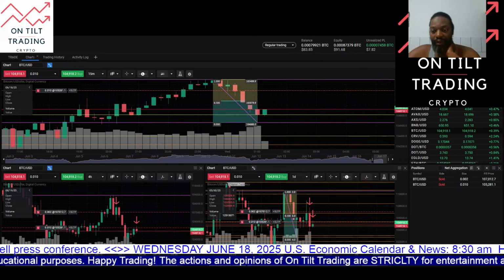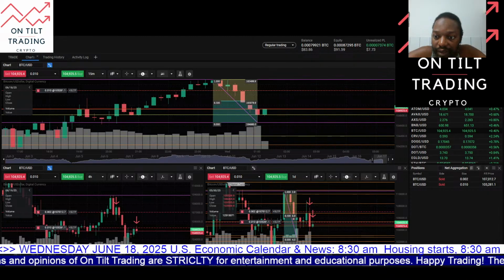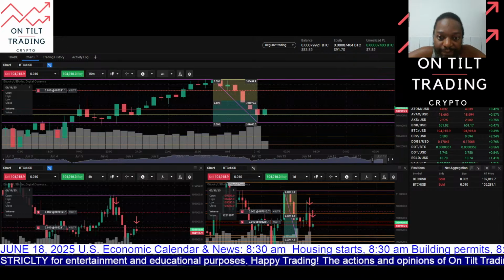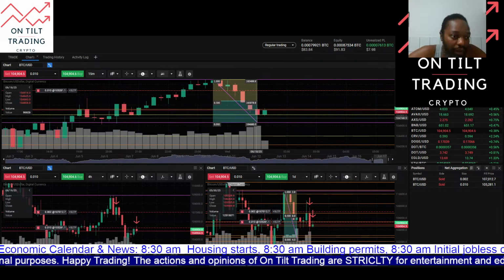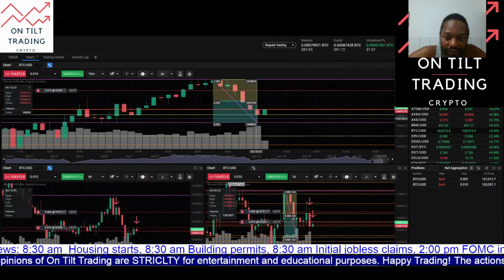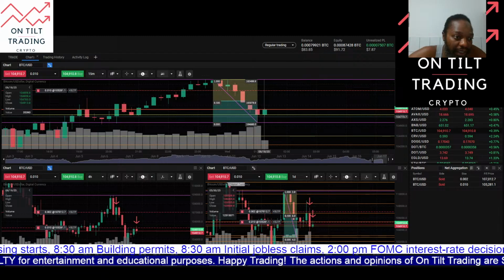Now price trading through the 104,900 level at the 104,925 level. So the high of the previous candle is 104,945.3. The current high of this candle is 104,939.4.